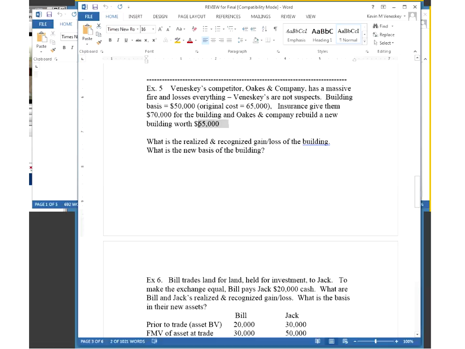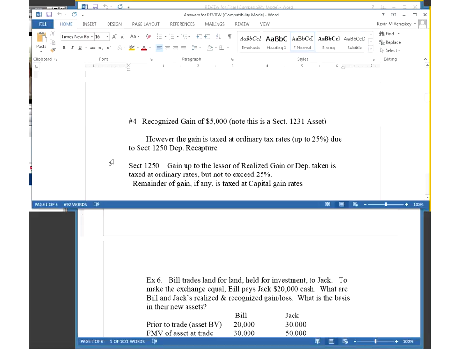However, we don't have to count all of that because most of it was put into a new building. So we only have to put the remainder that's still left as recognized gain. So our recognized gain is only 5,000. And then the basis of our new property, you always start with the old 50,000.